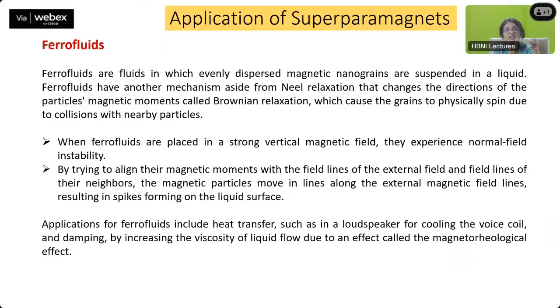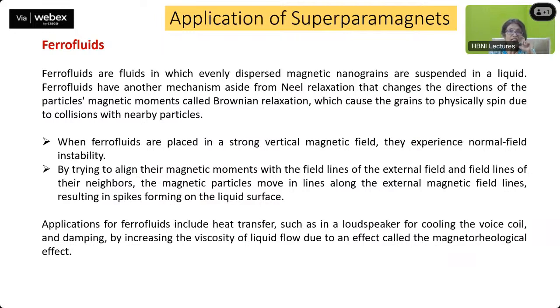When ferrofluids are placed in a strong vertical magnetic field, they experience normal field instability. By trying to align their magnetic moments with the field lines of the external field and field lines of their neighbors, the magnetic particles move in lines along the external field lines, resulting in spikes formed on the liquid surface.